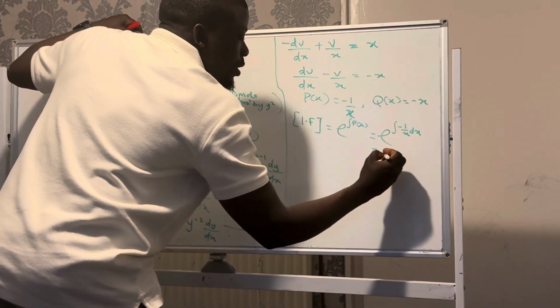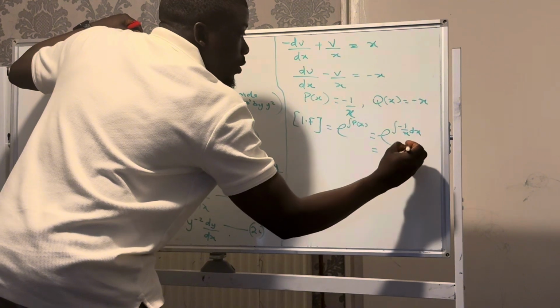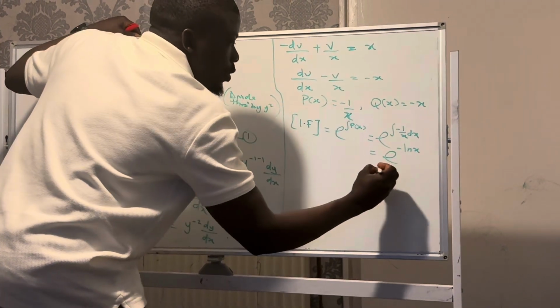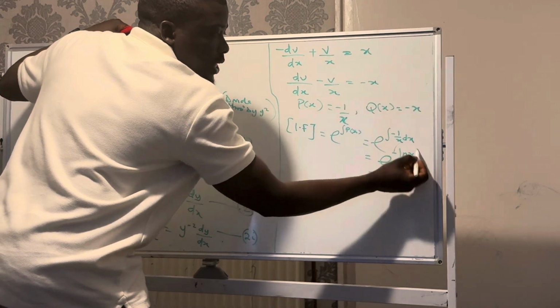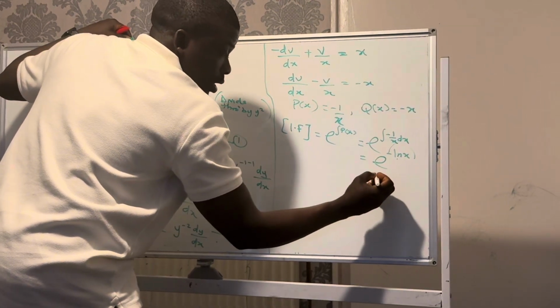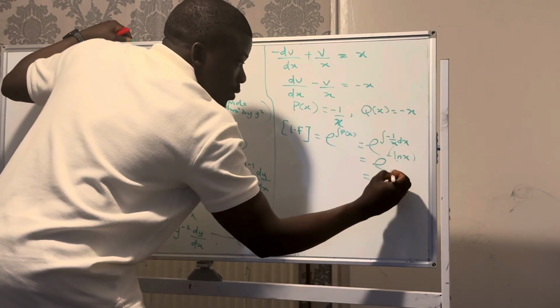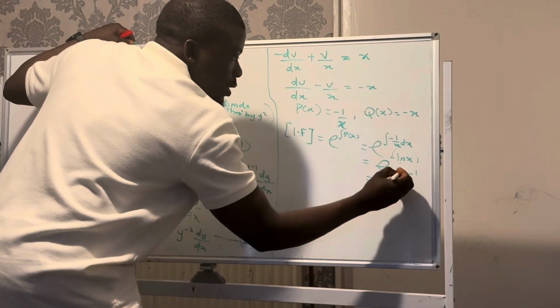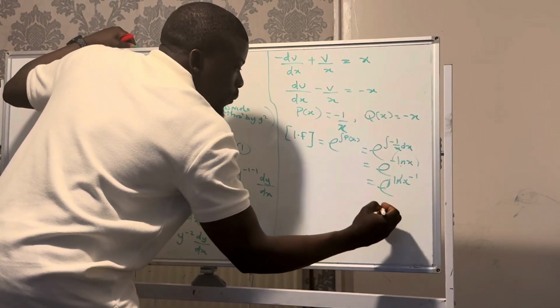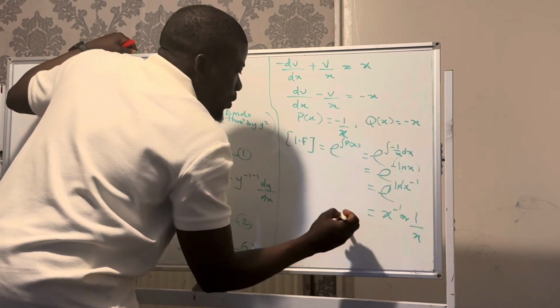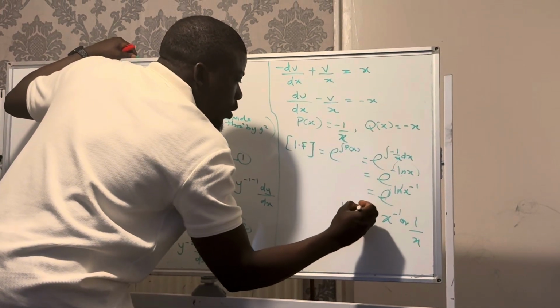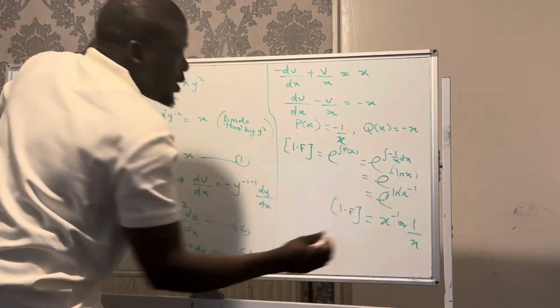So this will be minus ln s, which is a logarithm, so the negative will come as a power. Then we have s raised to power minus 1, or 1 all over s. So our integrating factor is 1 over s.